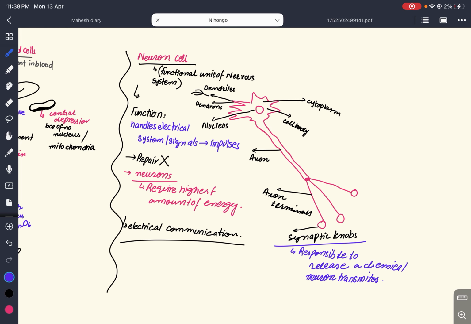But for now, just know this. It handles the electrical system and impulses. They cannot be repaired, and of course they require the highest amount of energy.